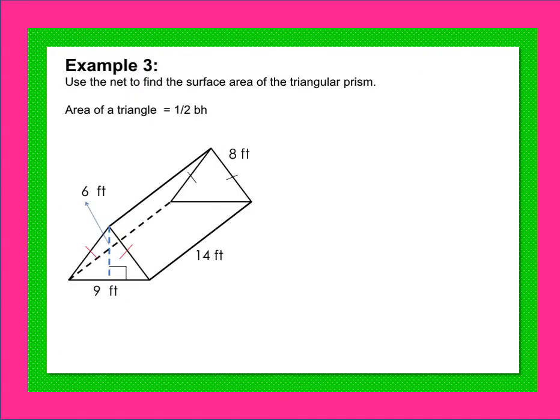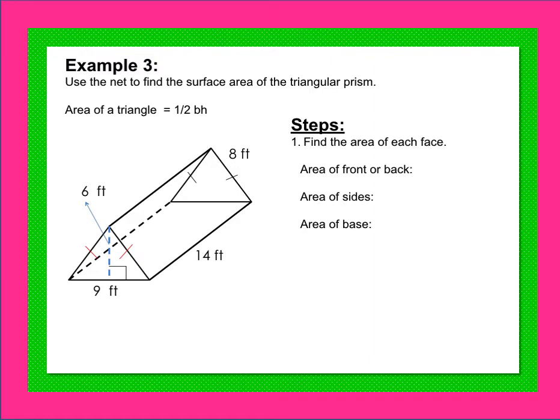Turn your guided notes over to try the next example. Remember, the area of a triangle is 1/2 base times height. We're going to use a net to find the surface area of a triangular prism. If we were to unfold this triangular prism, we can find the area of each of the 3 rectangles and the 2 triangles.